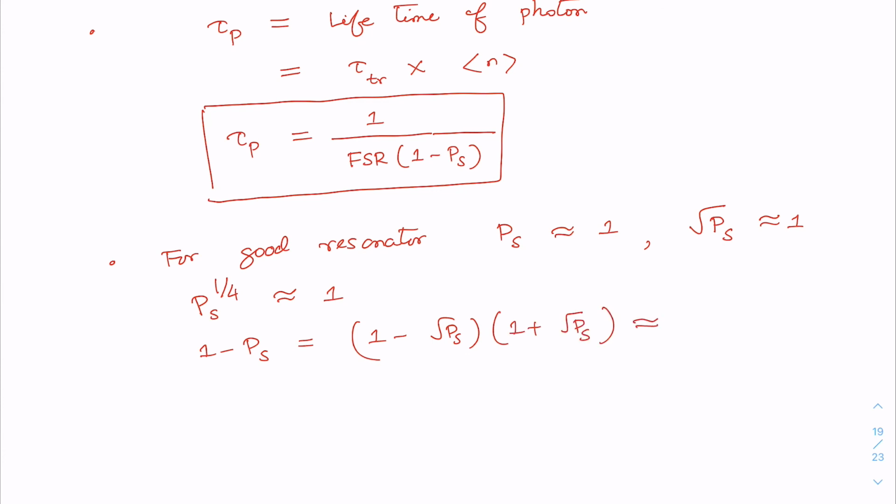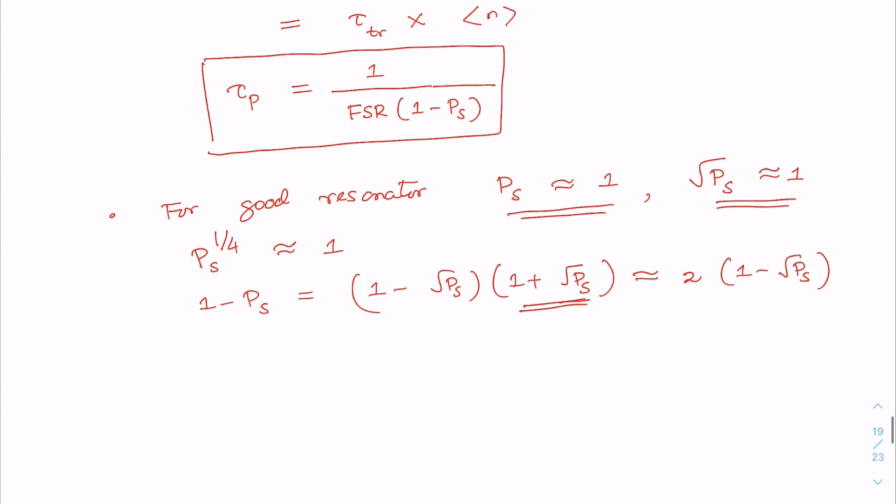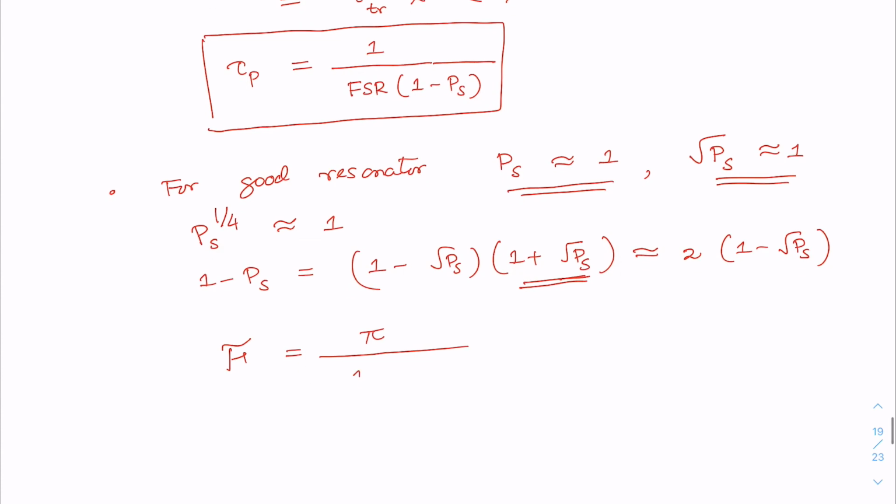Because of this approximation, I can write it as 2 into 1 minus square root of PS. So using this I can write down the expression for the finesse. I can simplify it, for a good resonator or good cavity, as pi divided by 1 minus square root of PS.